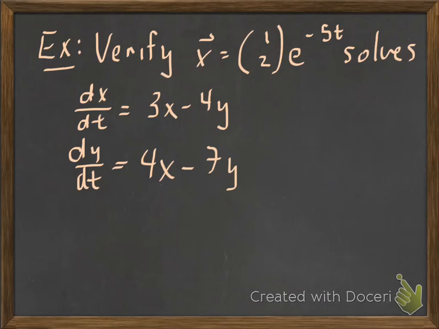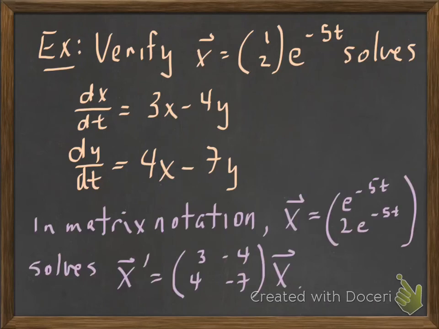So let's get a little example of how we might actually work with these sorts of solution vectors. I'd like you to verify that the vector (1, 2) times e to the minus 5t solves the system I have written: dx/dt equals 3x minus 4y, and dy/dt equals 4x minus 7y.